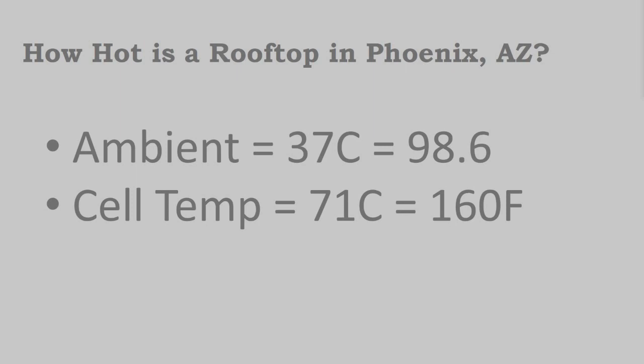Here's an example for Phoenix, Arizona. On a 99-degree day outside, it gets all the way up to 160 degrees Fahrenheit on the rooftop, or 71C. And commonly, the wiring that's rated for inside your home only has that 75C rating, or maybe even less.